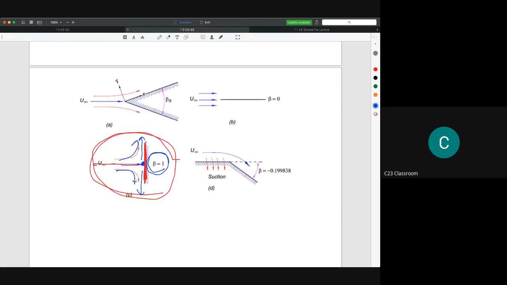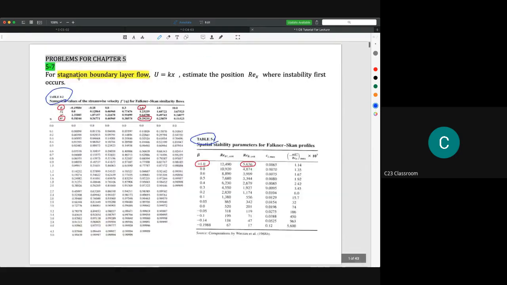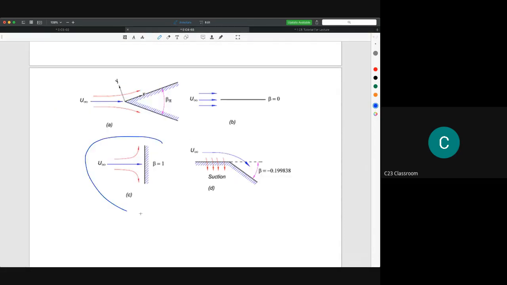First, when we talk about the stagnation boundary layer, the condition is this one. We have a plate here and a flow. The flow first hits the plate and then starts to flow to the left or to the other direction, and they will create a boundary layer here.